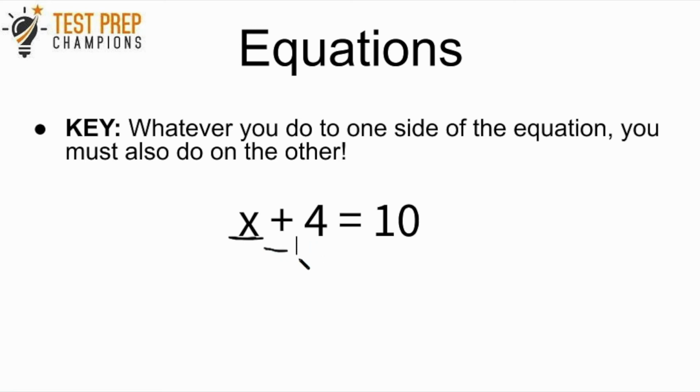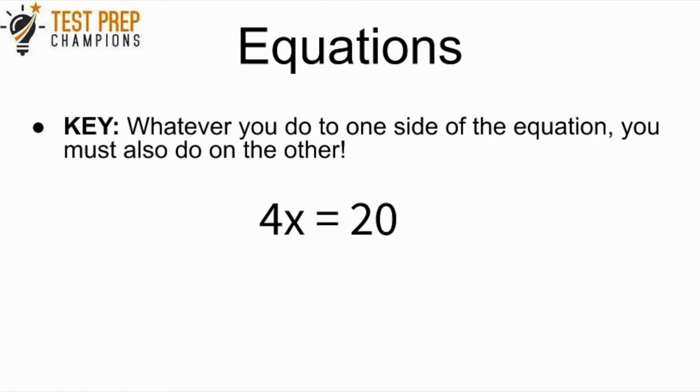So if it's x plus 4, we know that we want to do subtraction. So we want to subtract 4 from each side of the equation, because whatever you do on one side, you always have to do it on the other. So we would then rewrite this as x equals what? Well, it's 10 minus 4, which equals 6. So the answer here would be x equals 6.